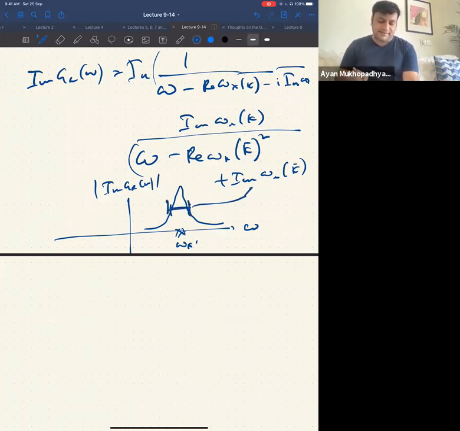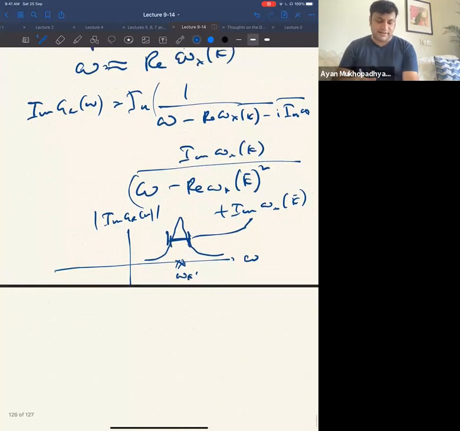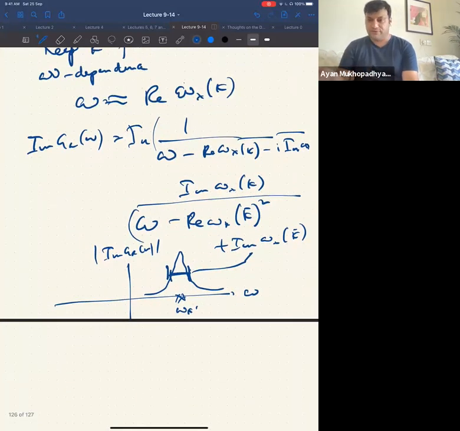So essentially, this is the structure that you will see if I go to Fourier space. This is a bump with a width, and this width is the decay amplitude. Imaginary omega star is essentially nothing but 1 over tau, the decay time of the particle.